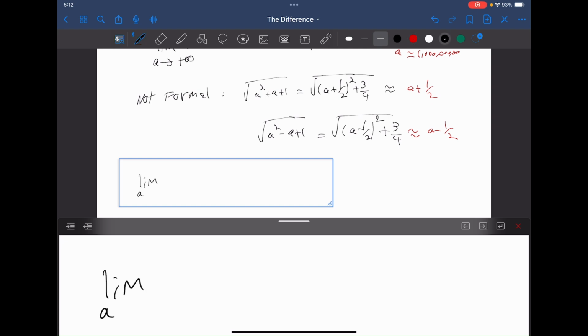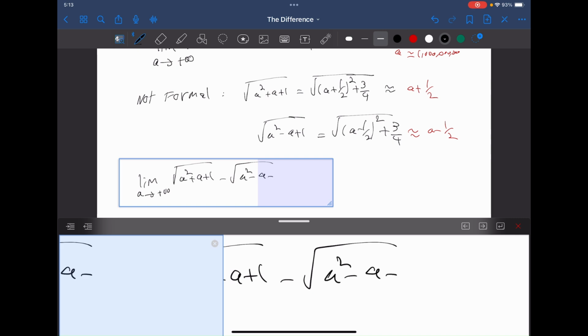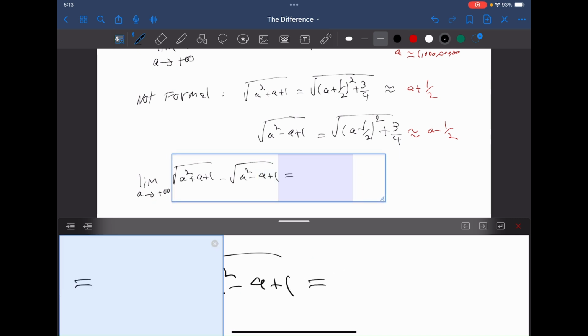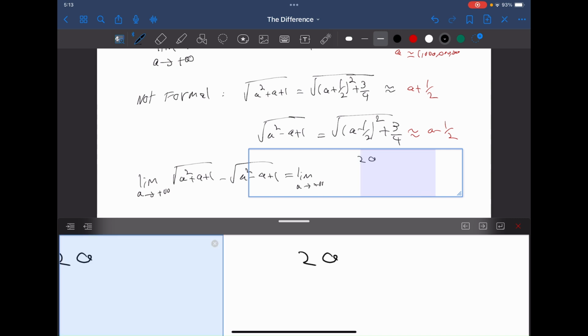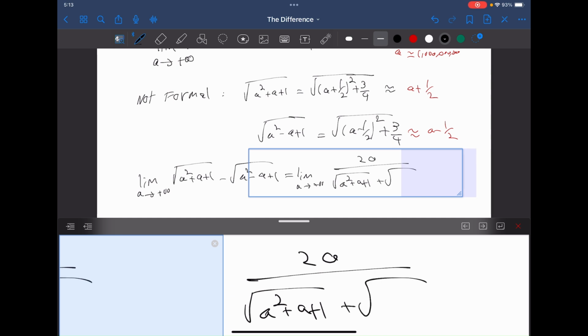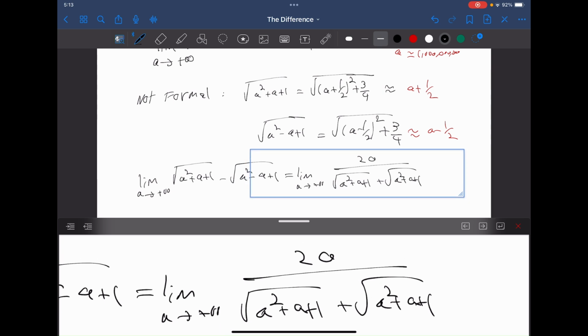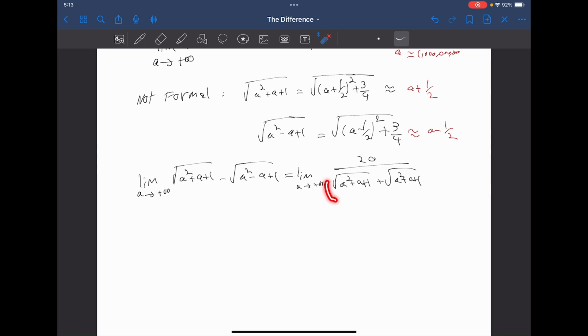So here, limit of, let me just rewrite the expression that we had. And this is equal to 2a divided by, notice that here I multiplied the numerator and denominator by this factor.